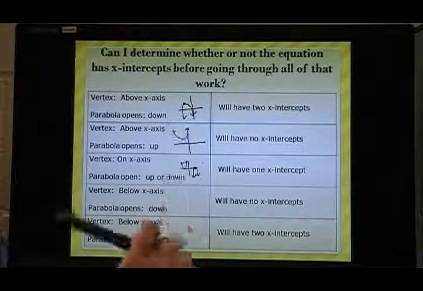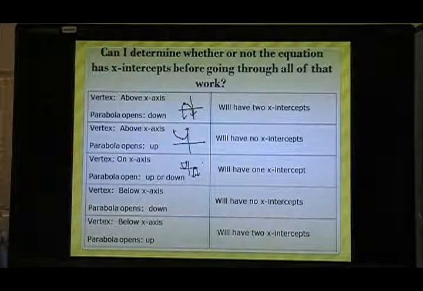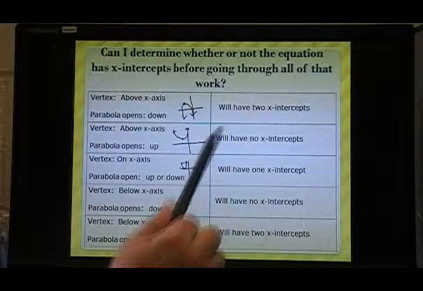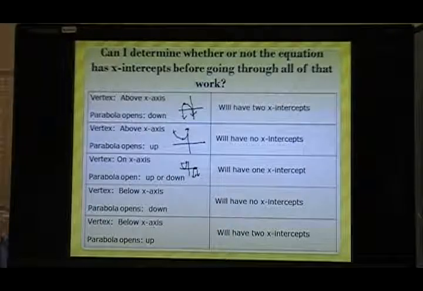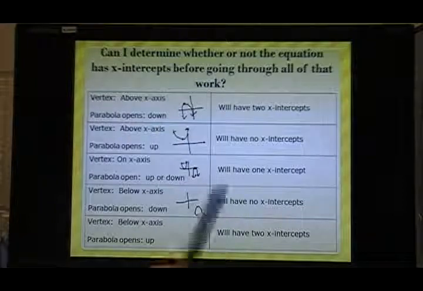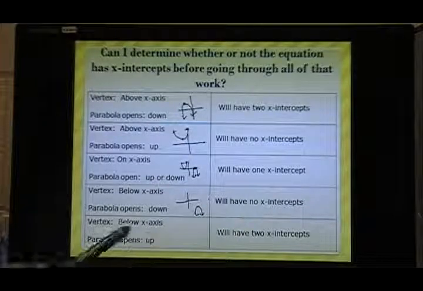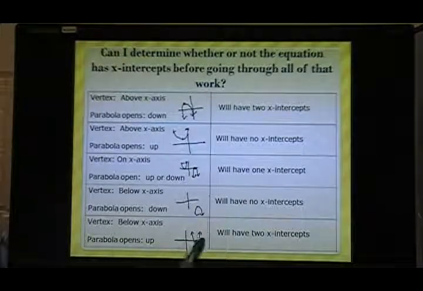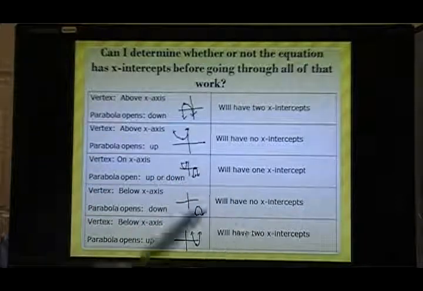So the vertex and the x-intercept will be one and the same. If you have a vertex that's below the x-axis and it opens down, it's not going to cross the x-axis, which means it's not going to have any x-intercepts. And then finally, if you have the vertex below and your parabola opens up, it will cross twice.